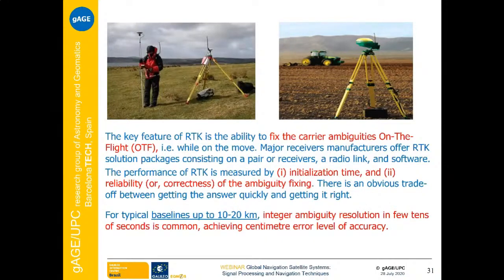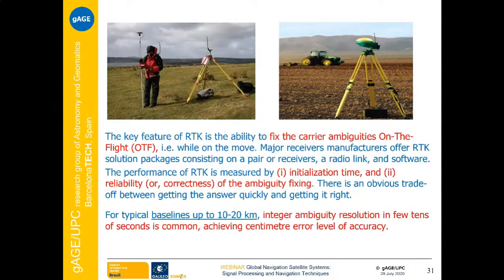That is the probability of how confident the ambiguity fixing is. And there is a trade-off between fixing the ambiguity quickly and getting the right value of the ambiguity.